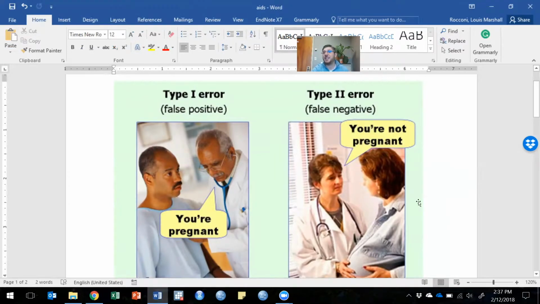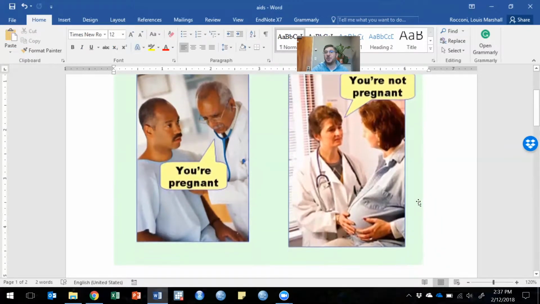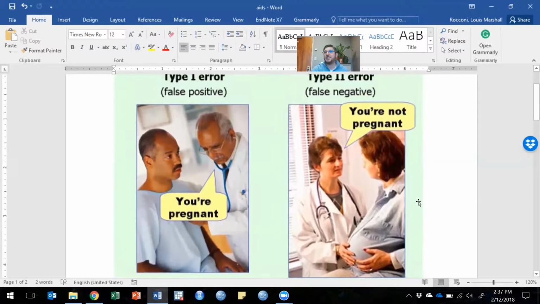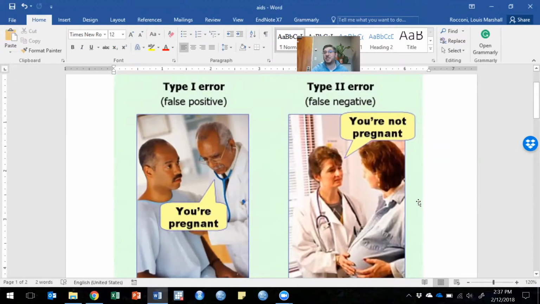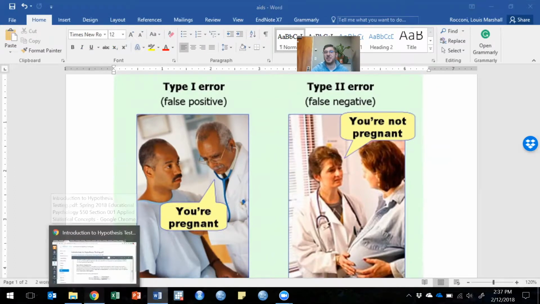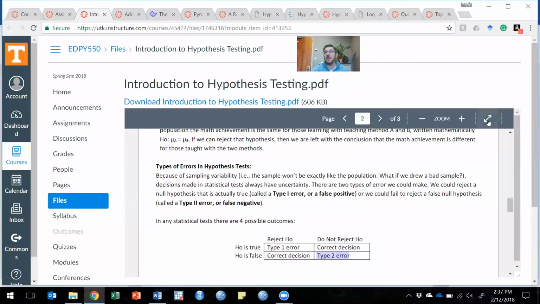A false negative is also what we might call a type 2 error. We're telling this woman here who's obviously pregnant that she's not. So some people think it's easier to think of type 1 and type 2 errors as false positives and false negatives. And if you can keep this mental picture in your head, it's a good way to help you think about these different types of errors.